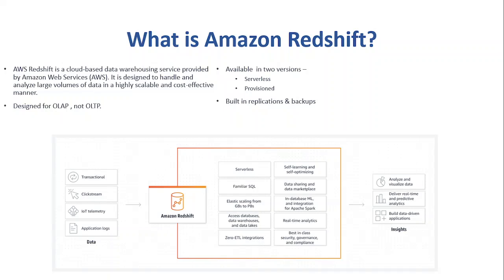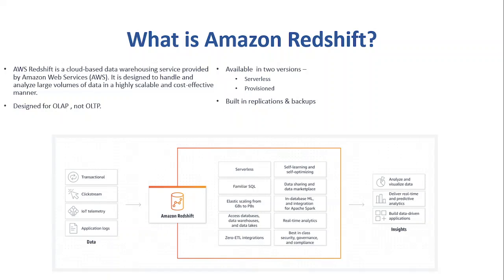Another benefit is that it has built-in replication and backups. So these are the various advantages of Amazon Redshift. As we said, it's a cloud-based data warehouse, pretty much like a traditional warehouse from a working structure point of view, but it has all the cloud benefits as we mentioned.